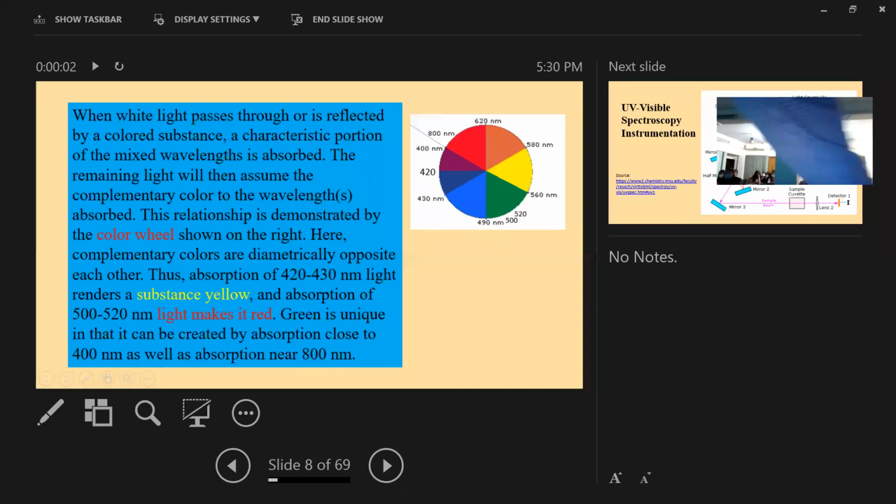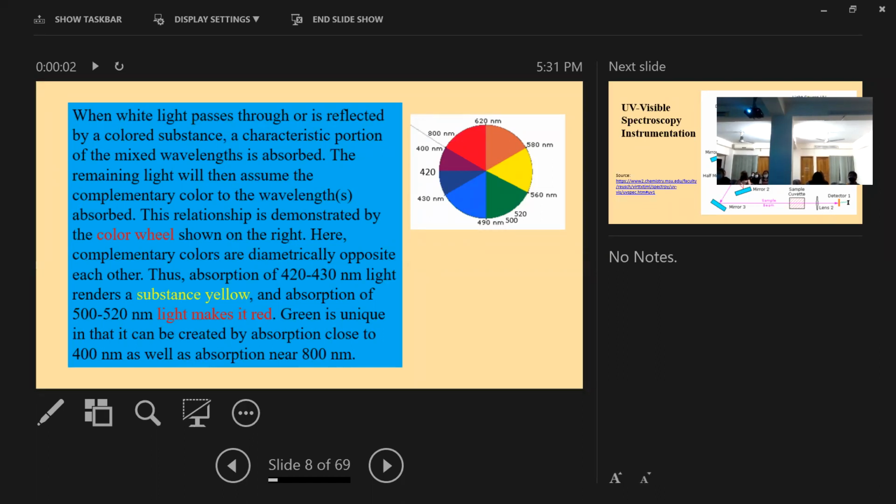When white light passes through or is reflected by a colored substance, a characteristic portion of the mixed wavelengths is absorbed. The remaining light will then assume the complementary color.